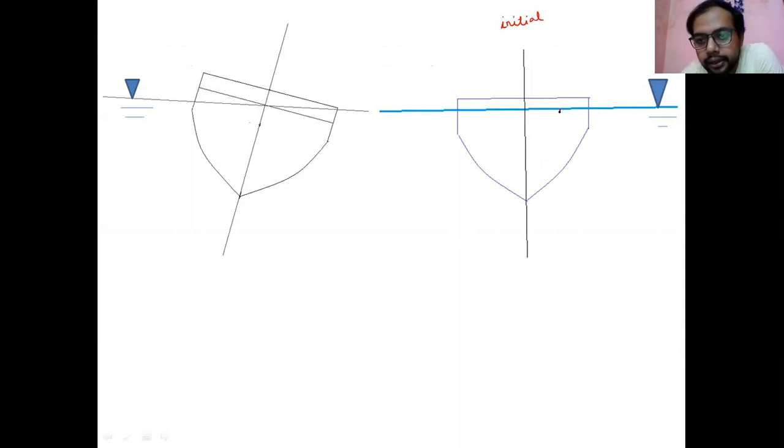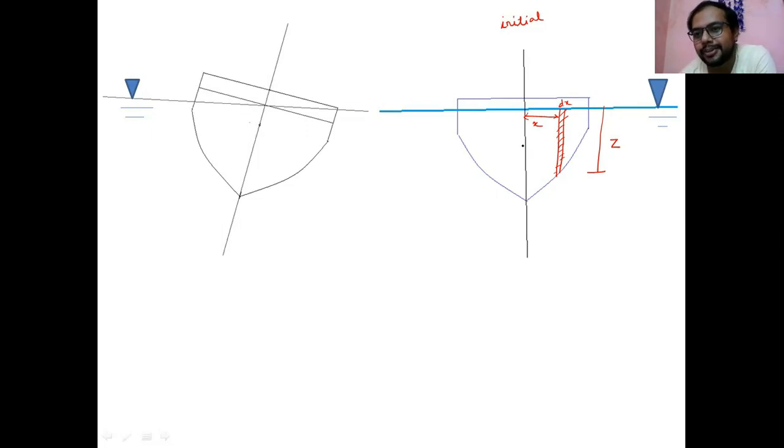So here we take one small elemental portion at Z, at x distance, dx. You take one small elemental area.